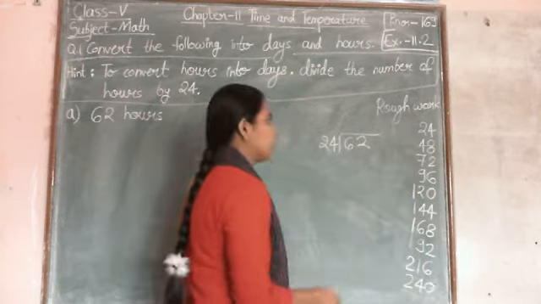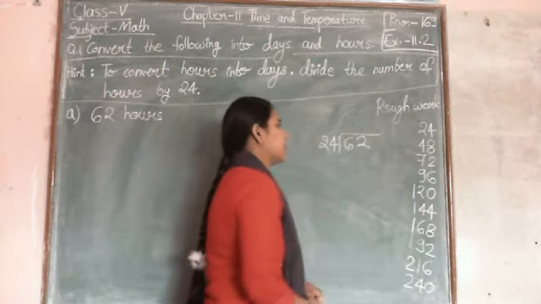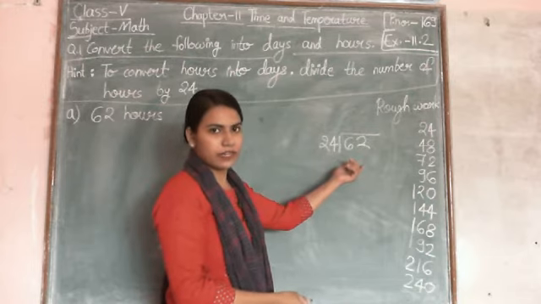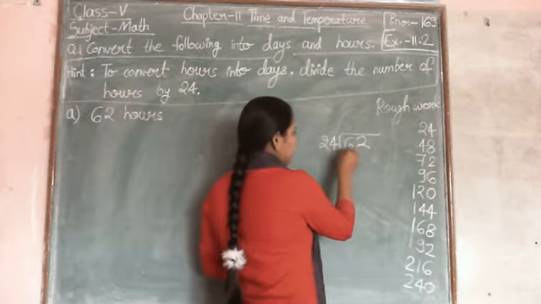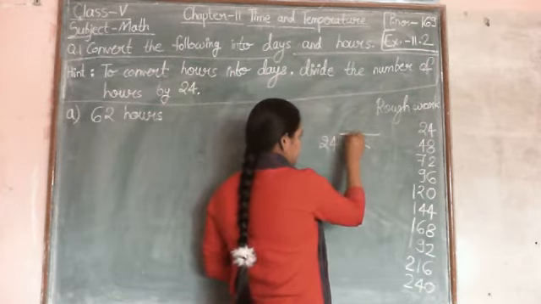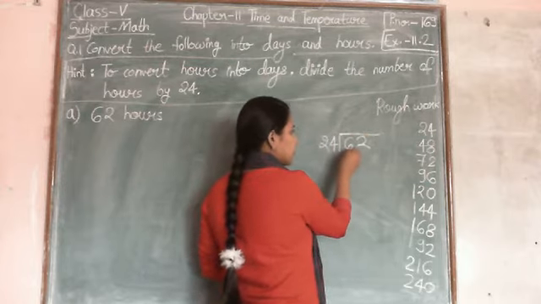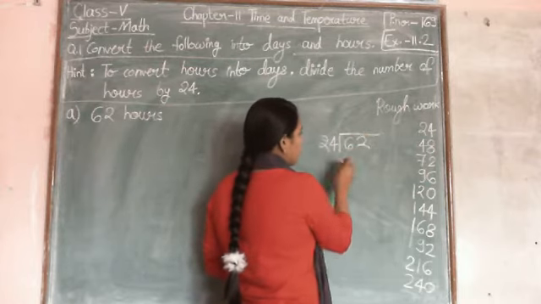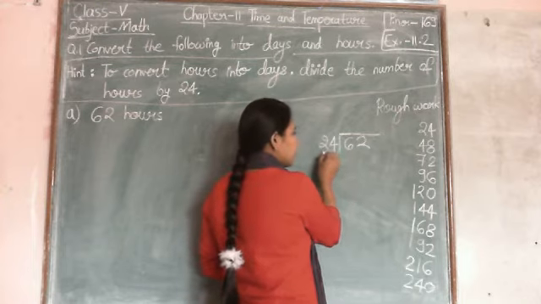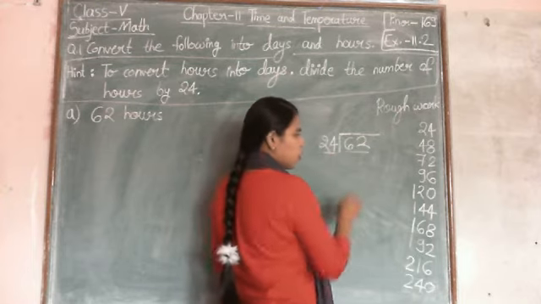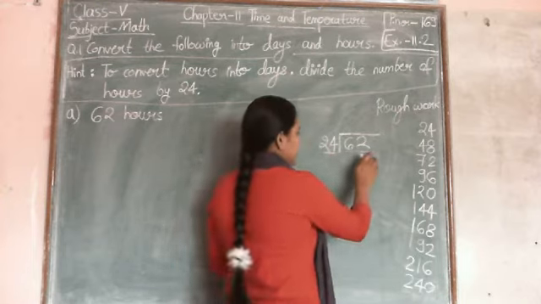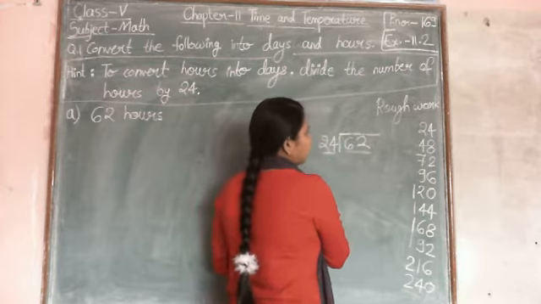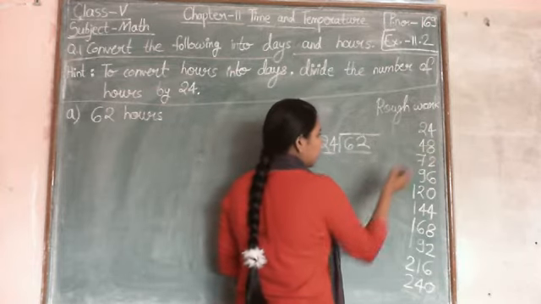By using this table, we can solve the division. 24 is our divisor and 62 is the dividend. As the divisor is of 2 digits, we will take 2 digits of the dividend. In how many times can we divide?